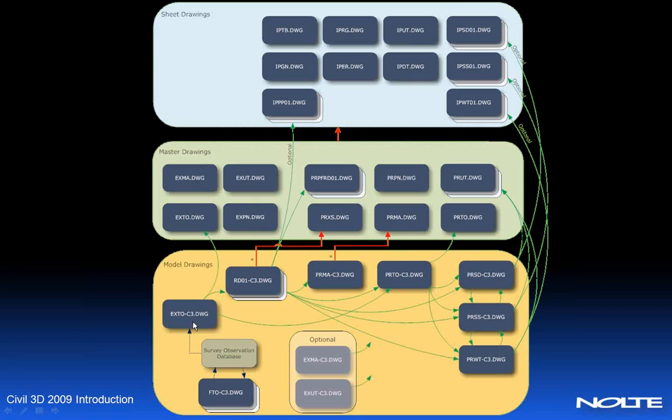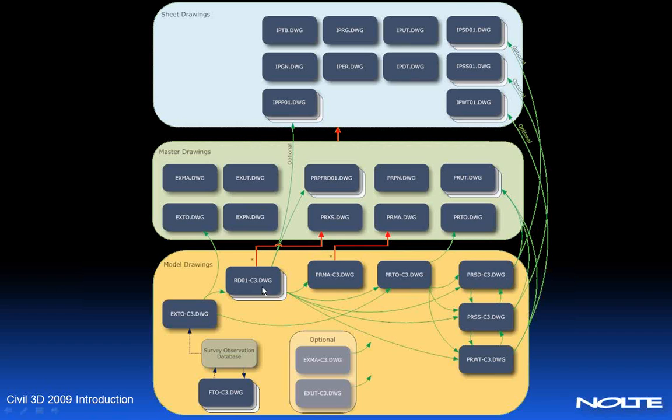So going back to my existing surface, we can data reference that into my road design drawings where I'm creating my roadway alignments and profiles, and by referencing this surface, I can sample existing ground profile data. These green links are dynamic, so if I go back in and edit my existing topo model, it will update in all of the drawings that reference that surface model.